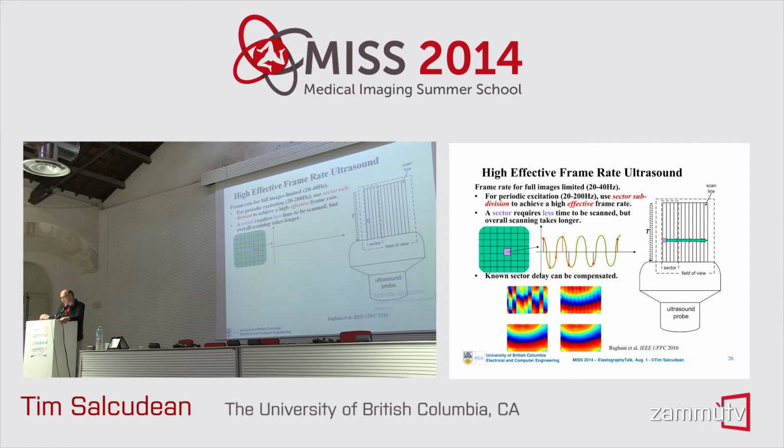So if we want to increase the frequency of the shear waves that we monitor with ultrasound, and avoid aliasing, we cannot scan the full image. If we scan the full image, you clearly get aliasing of the motion that you're trying to capture.